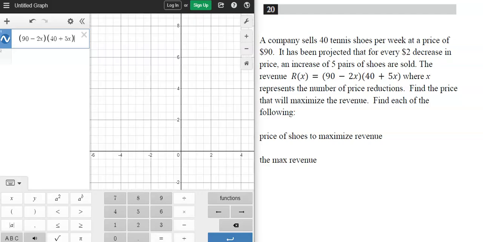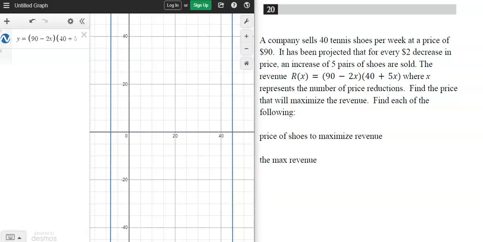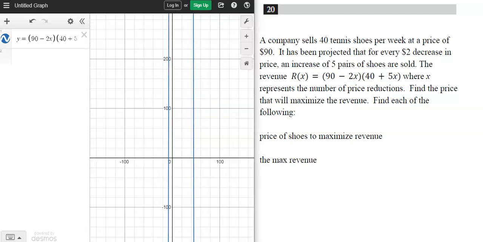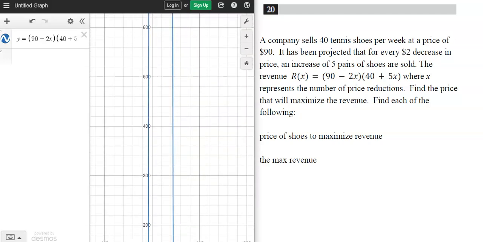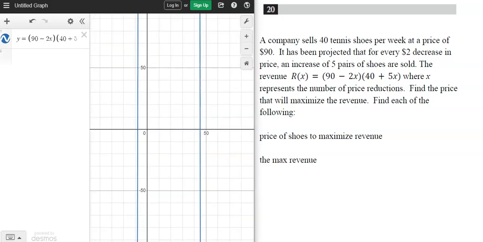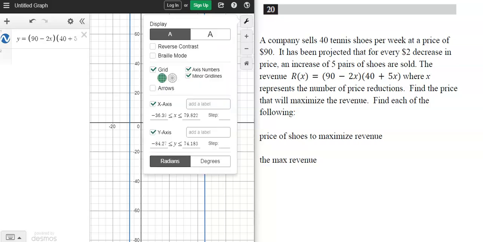And what I want to do is figure out where the maximum is. Well, here's my parabola, but it's way up there. I need to definitely change my x's. I'm not having negative price reduction, so I'm going to go from 0 to, let's say, 50 on my x's.